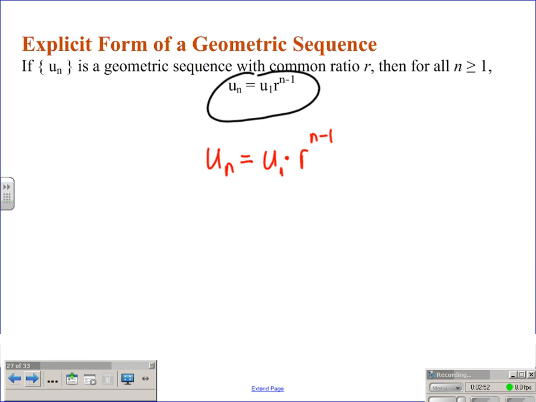And if we look back at the previous example and compare it to that, we knew in the previous example that the third term was 18. So let's just try out this formula. We could say that the nth term is equal to 2 times 3 raised to the n minus 1.